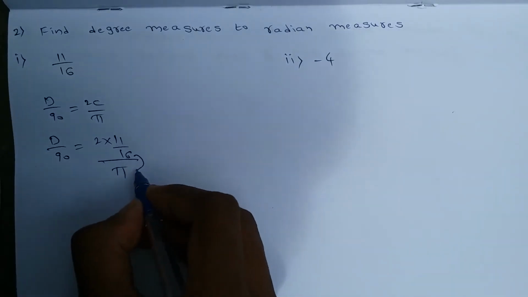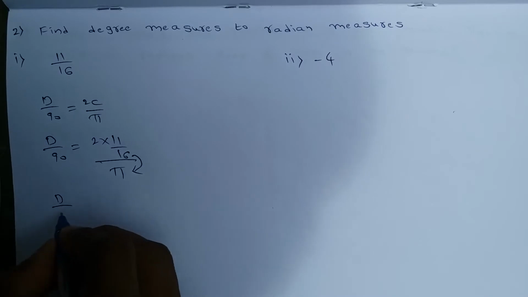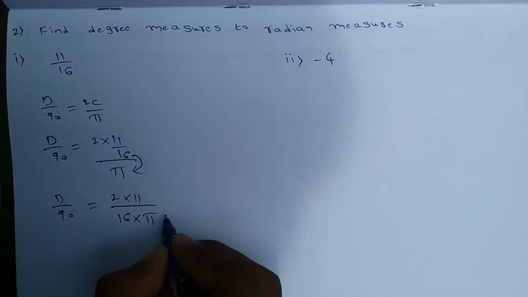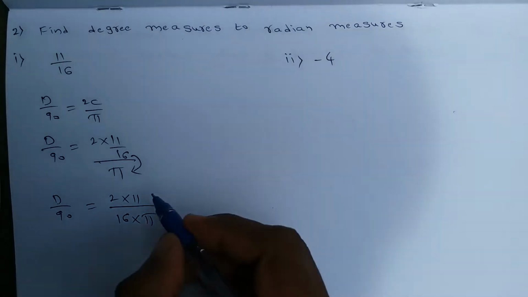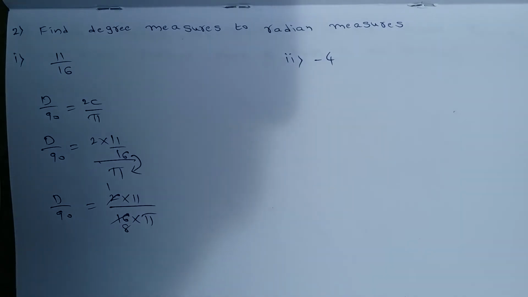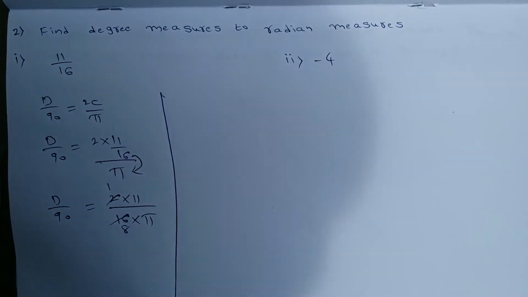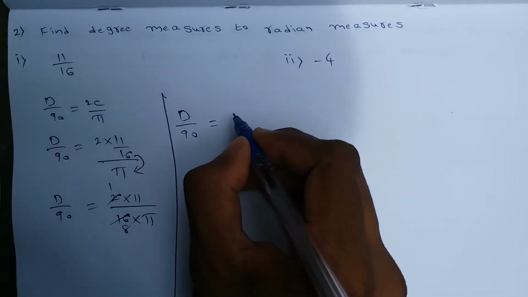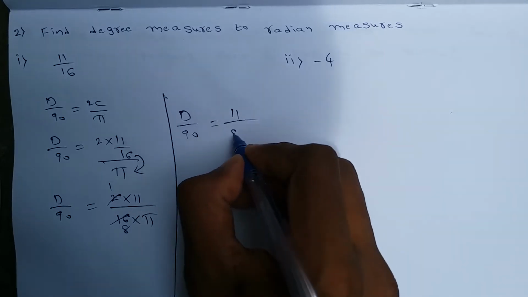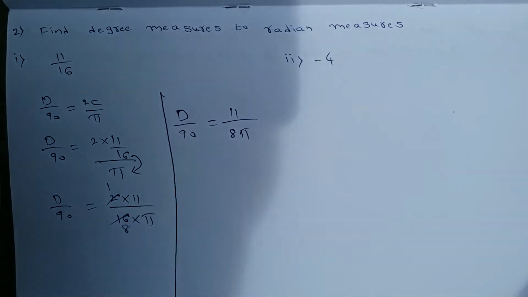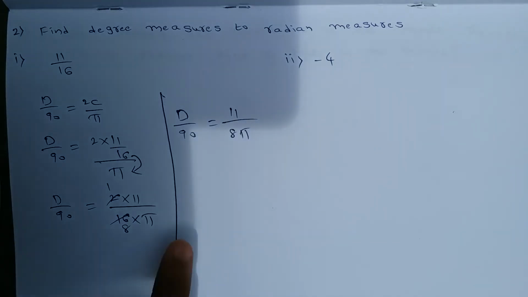Now this 16 will come down. So d by 90 is equal to 2 into 11 divided by 16 into pi. So 2 ones are 2, 2 eights are 16. We remain with d by 90 is equal to 11 by 8 pi. Now I will take this 90 to the right side. 90 is in division; if we take it to the other side, it will become multiplication.